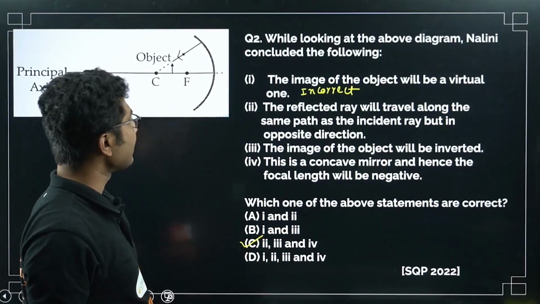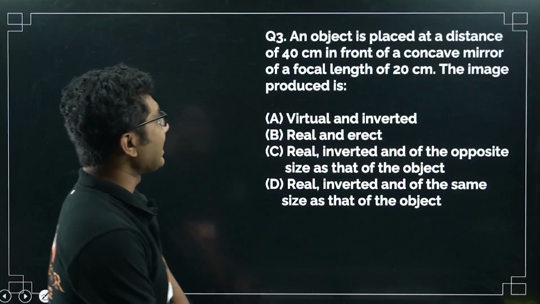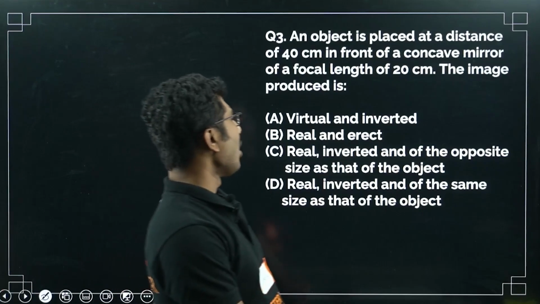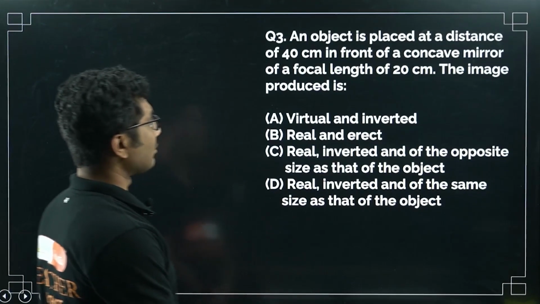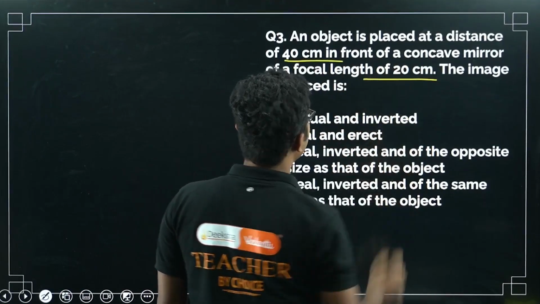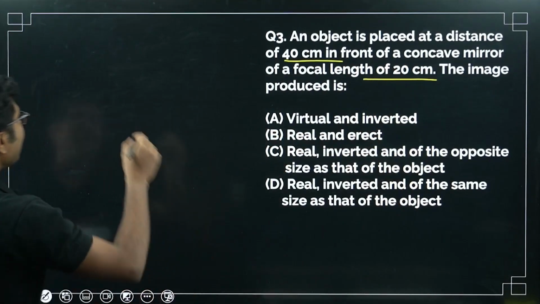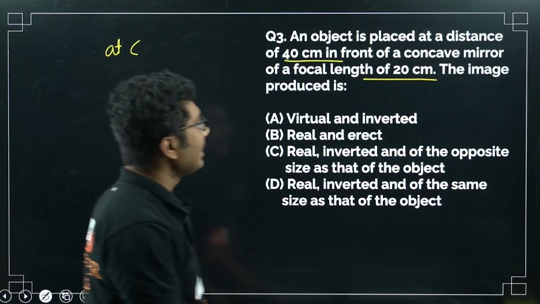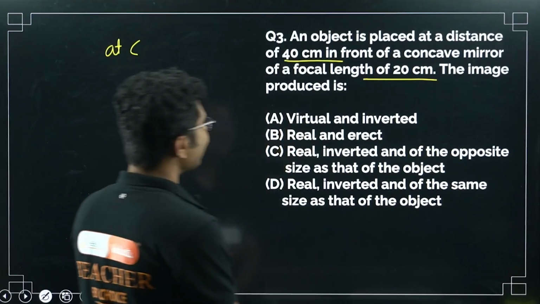Okay, now next question. An object is placed at a distance of 40 centimeter in front of a concave mirror of focal length 20 centimeter. So the object is placed at C, the center of curvature. The image produced is virtual and inverted?